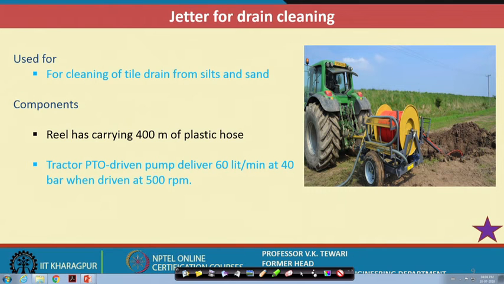So, as an engineer you must be clear about all these, particularly the power source and the types of machinery. A proper selection of machinery will help you in doing the operation efficiently and economizing on the cost of operation, the rent of operation, and the total use of the machines.